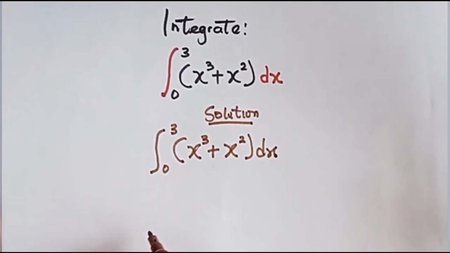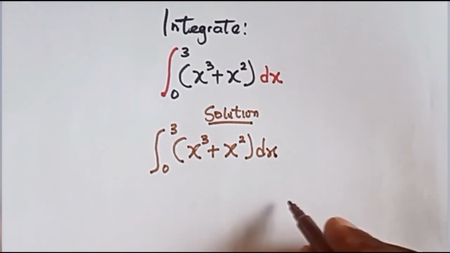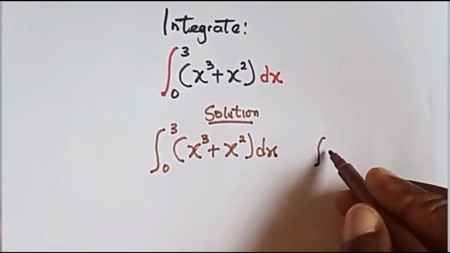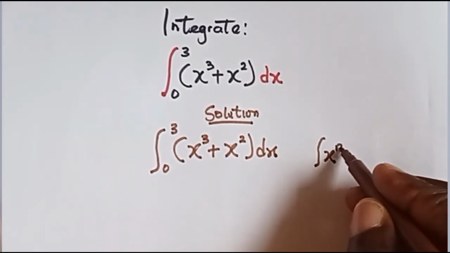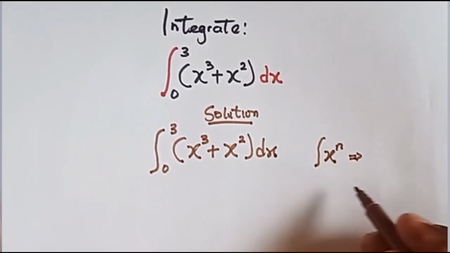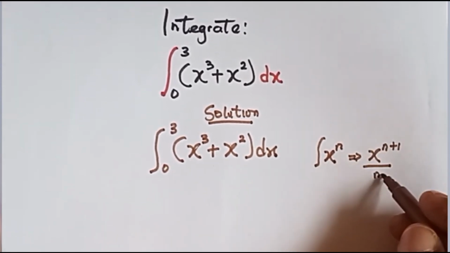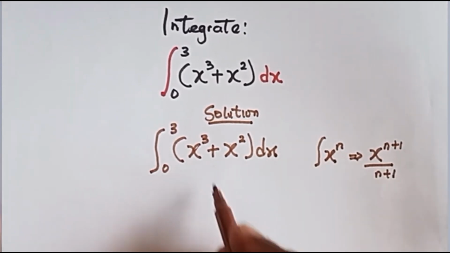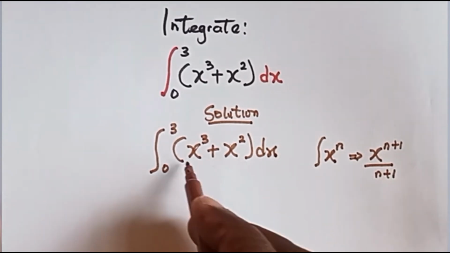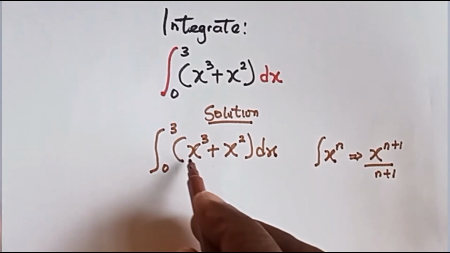In one of the rules of integration, we say if we have the integral of x^n, it gives x^(n+1) over n+1. That's what we're going to do to each of these terms.